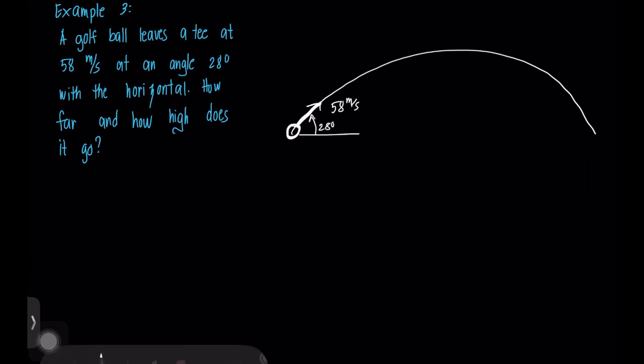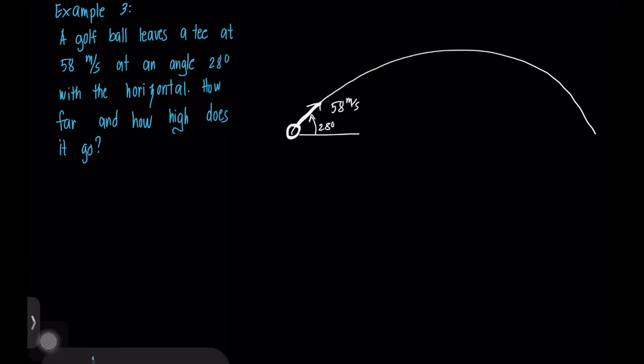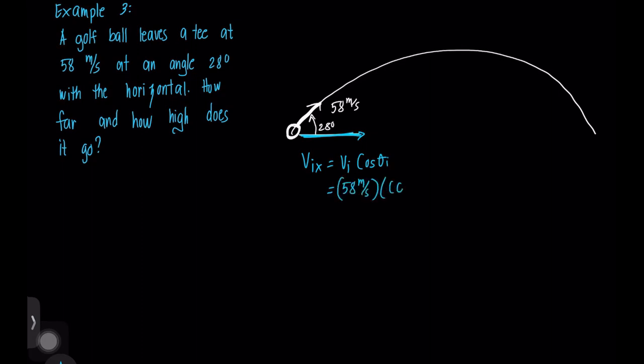We are going to solve for the x and the y component. Let's check the x component first. That is basically v sub ix is equal to v sub i cosine theta. So we have 58 meters per second, the initial velocity, times cosine 28 degrees.